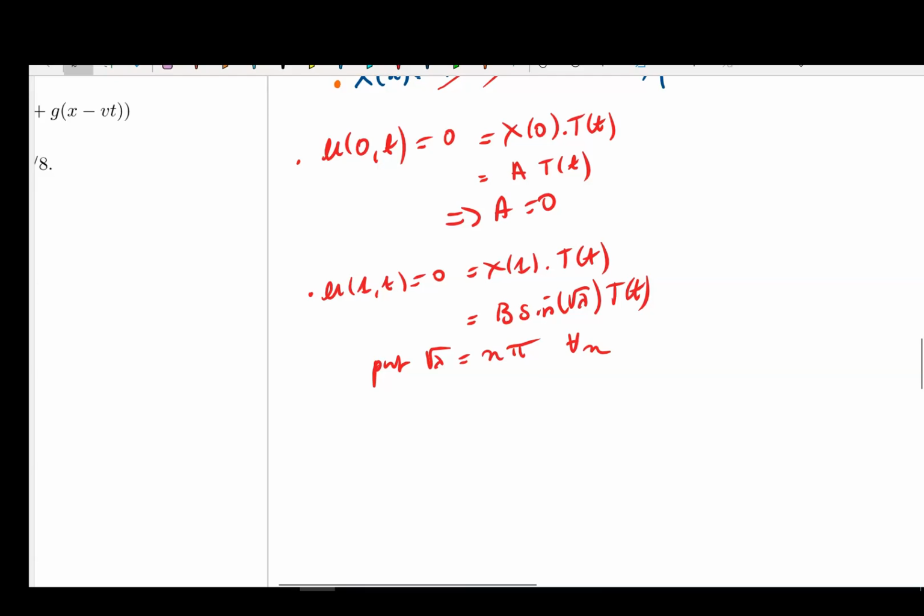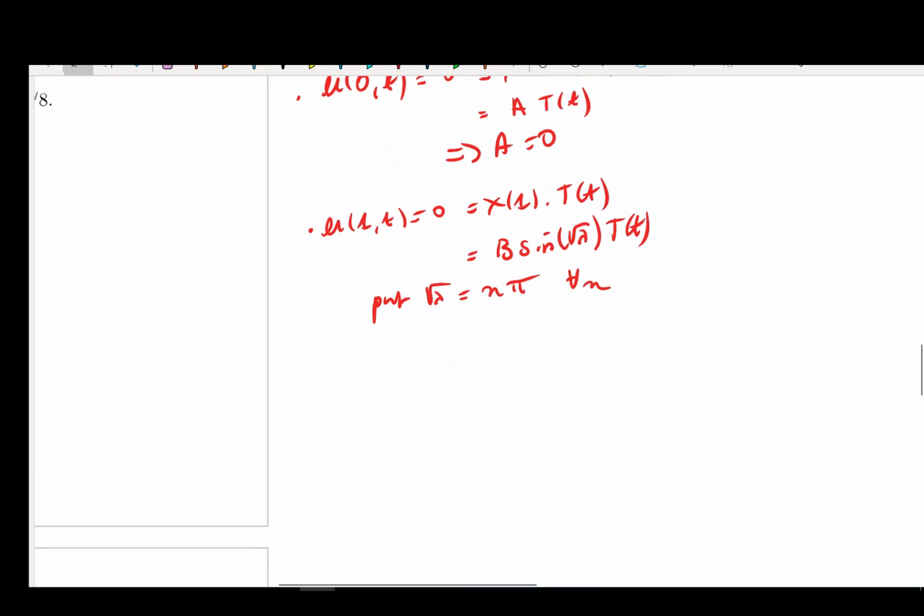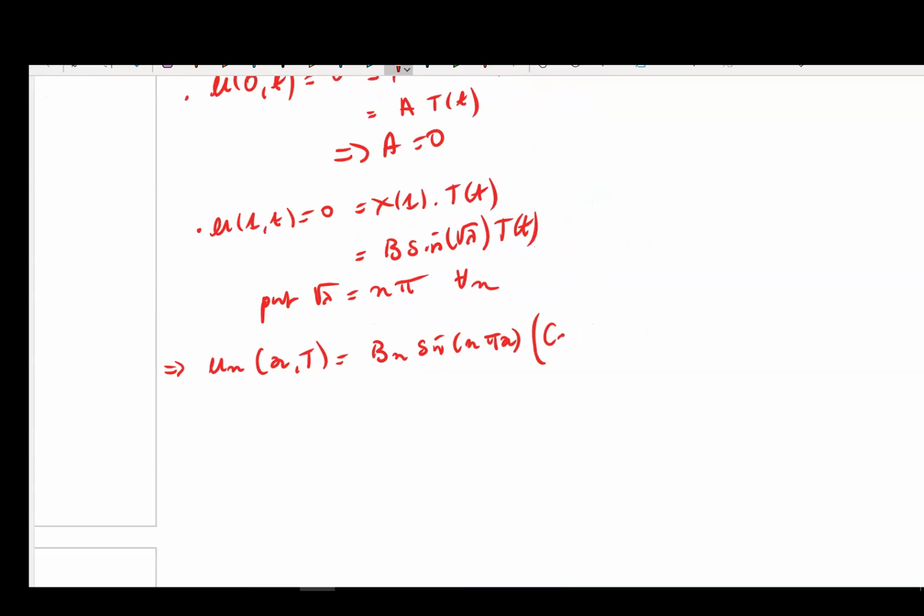Okay, so that's it. So what does my solution look like? Obviously, it's going to depend on n. I get that u_n of x,t will be some b_n sine of n pi x times c_n, because I'm going to choose square root of lambda equal to n pi.